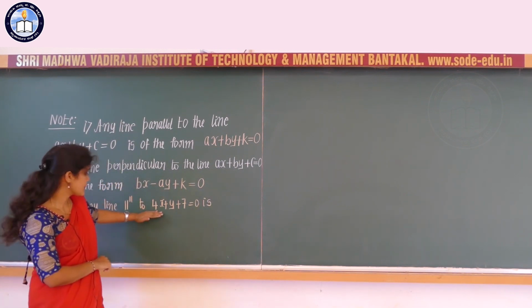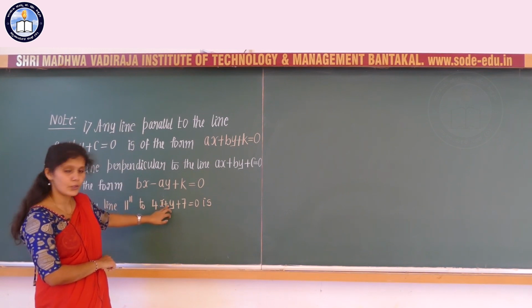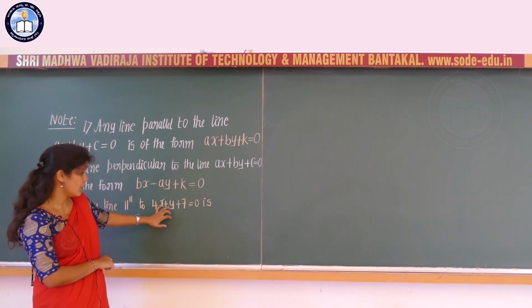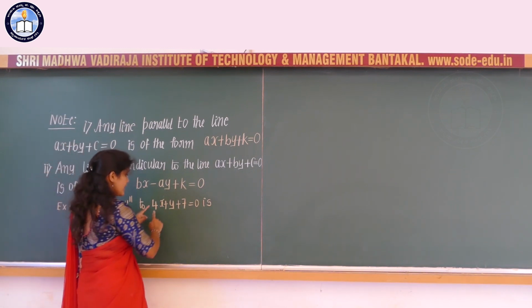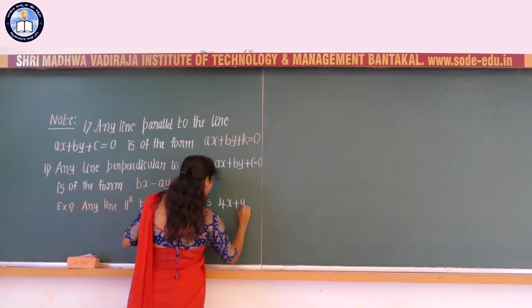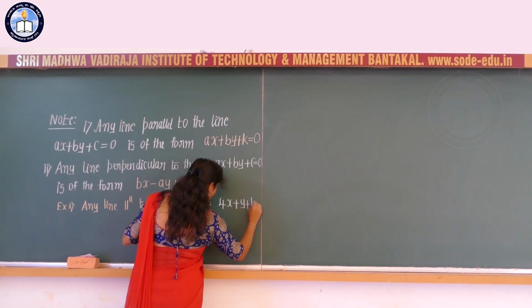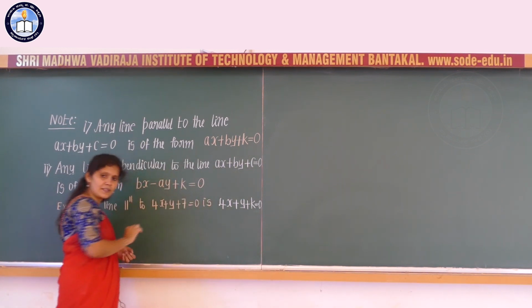Any line which is parallel to ax plus by, where the coefficient of x is 4 and the coefficient of y is 1, that is 4 into x plus y plus 7 equal to 0, can be written as a into x plus b into y plus k equal to 0. This is the equation of the line which is parallel to the given line, correct?